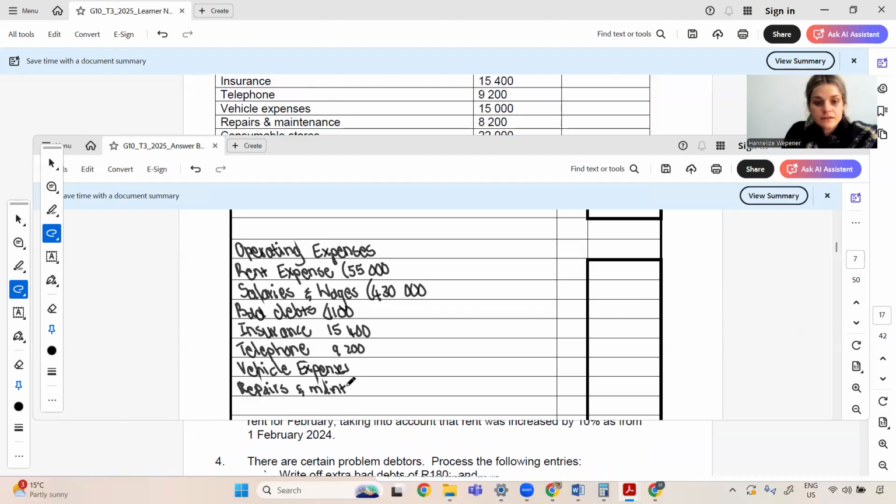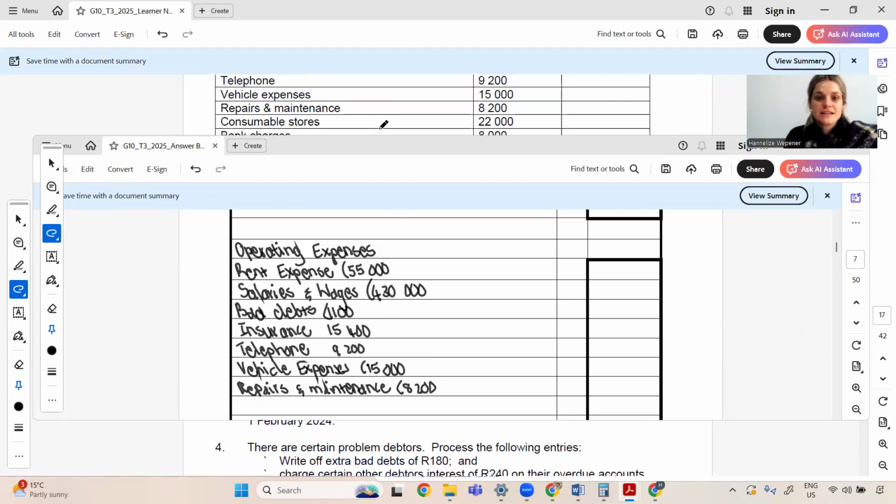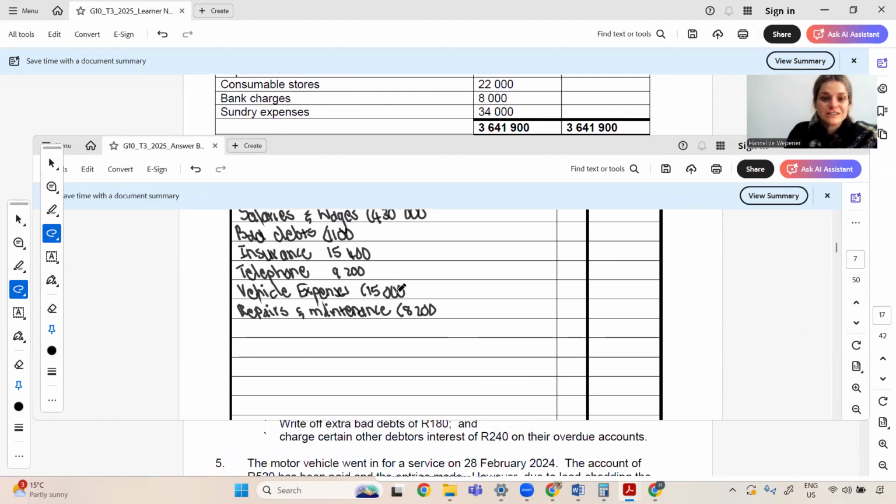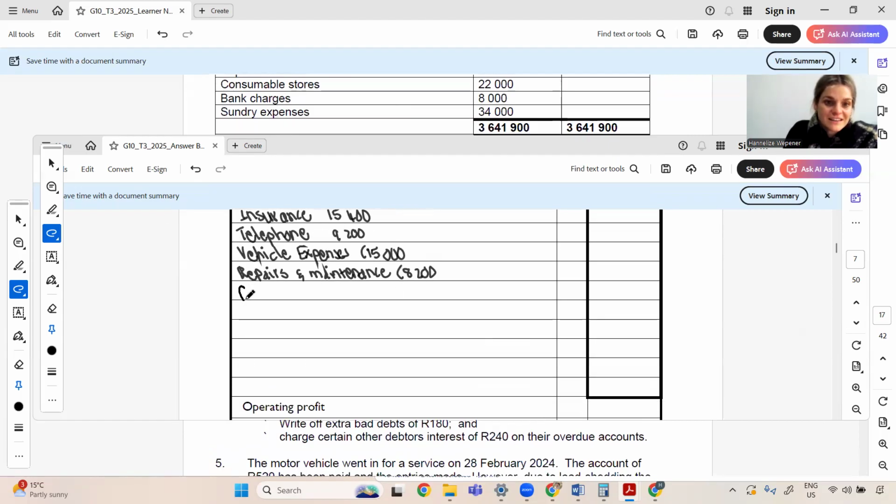Vehicle expenses starting on 15,000 and repairs and maintenance starting on 8,200. Okay, so this takes quite a lot of time, but unfortunately you have to do that because these are the expenses that you have to start with before you look at your adjustments. So consumable stores currently on 22,000.